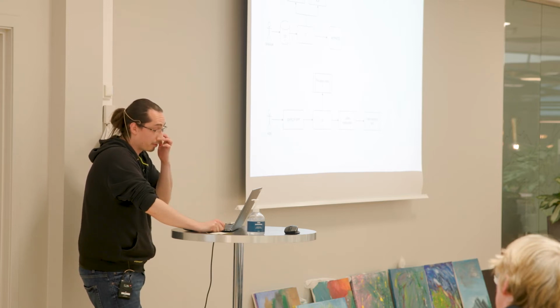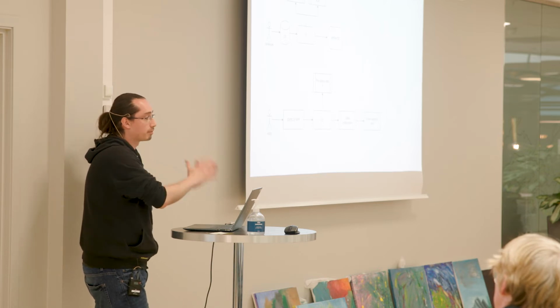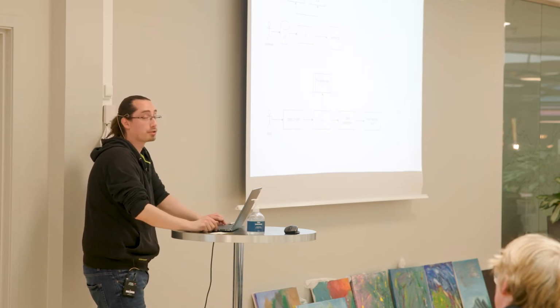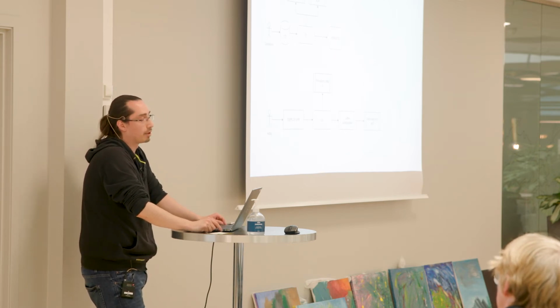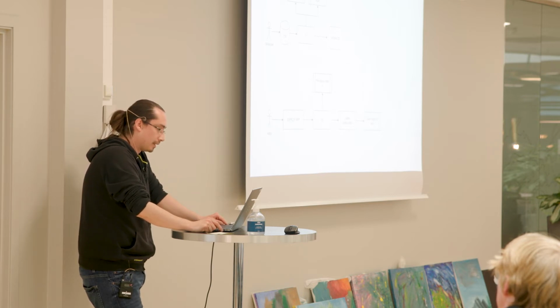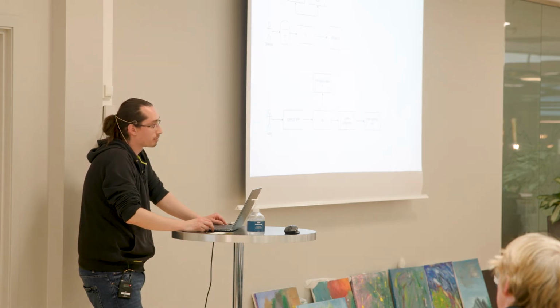Oftentimes we use those for environment specific configuration to separate production from pre-production from test environments, because there's usually going to be some differences for what configurations you want. You don't necessarily need as many replicas in the test environment as you do in production, and so on. So you have a huge amount of different sources of configuration, which absolutely becomes a problem very quickly.